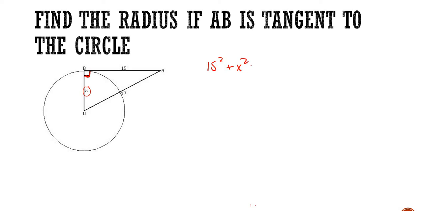So 15 squared plus x squared equals 17 squared. 225 plus x squared equals 289. Subtracting, we find that x equals 8. So another way to use a tangent line and a radius to find values in a diagram.